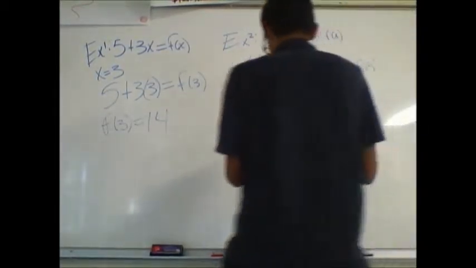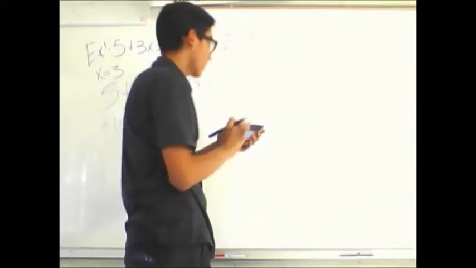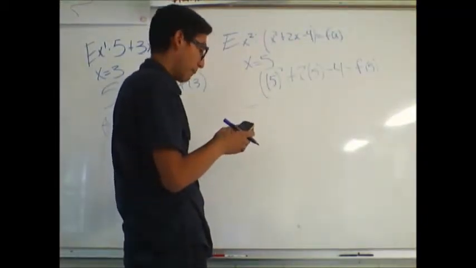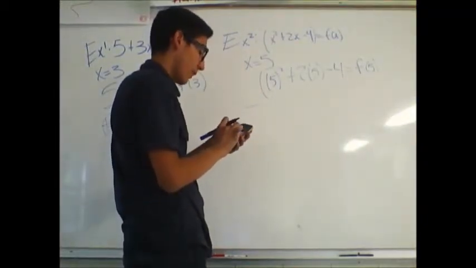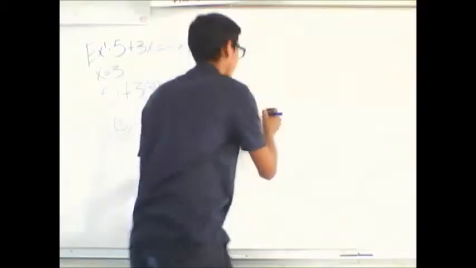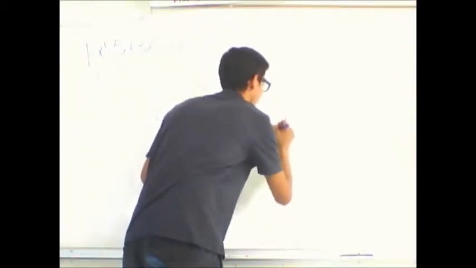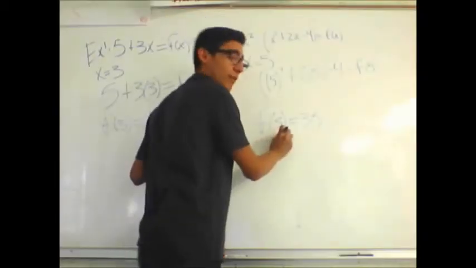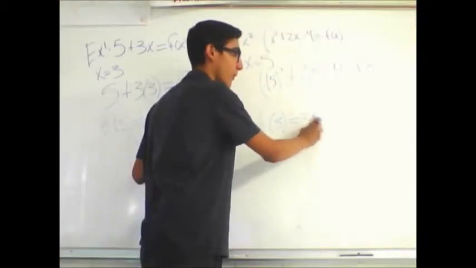So I put that in the calculator. You just put it right as it is. So 5 squared plus 2 times 5, it equals 35. So f of 5 equals 35. So kid 5 is going to get an output of 35.